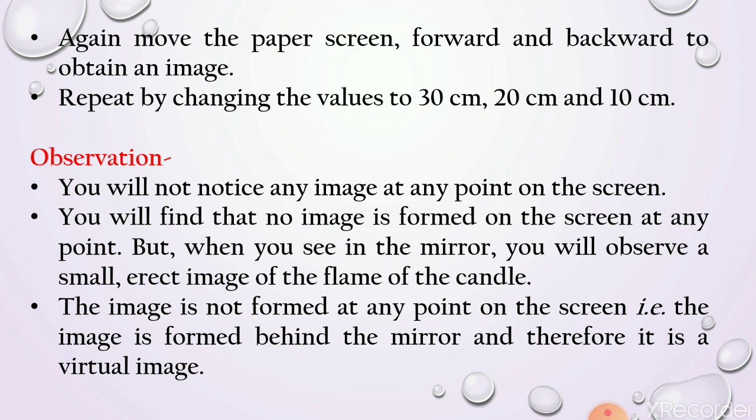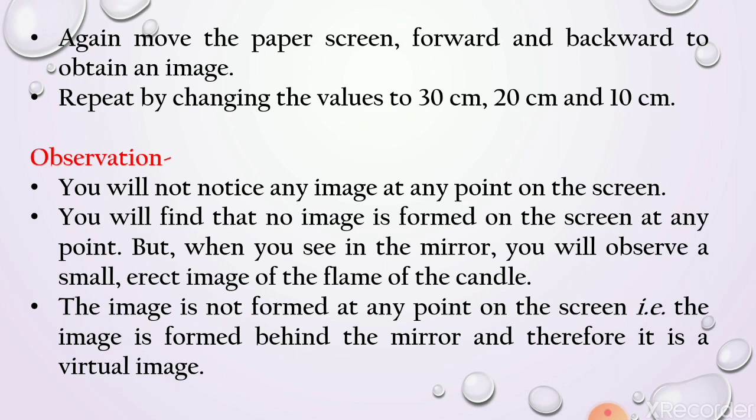and 10 centimeter. So here we will observe that we will not get any image at any point on the screen. Okay, so we will find that no image is formed on the screen at any point, but when we see in the mirror, then we can see there is a small erect image of the flame of the candle.